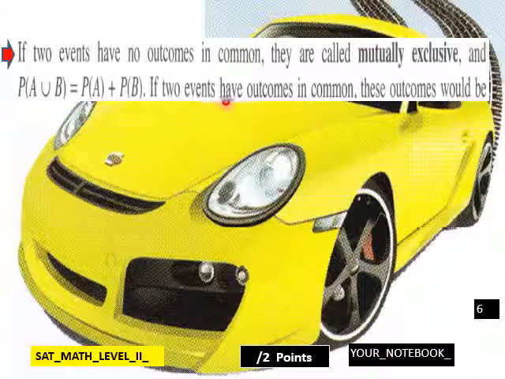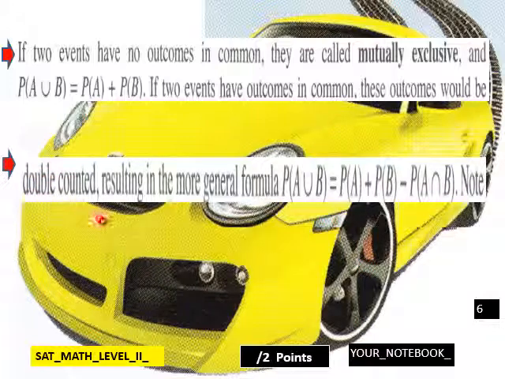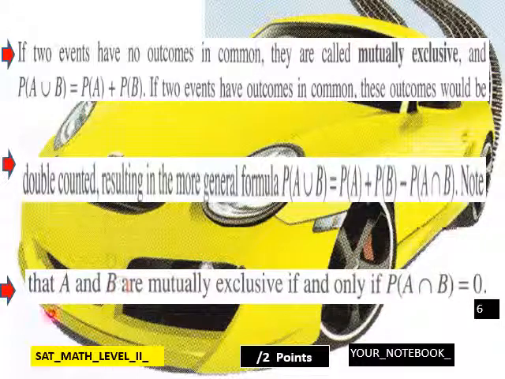If two events have outcomes in common, these outcomes would be double counted, resulting in the more general formula: probability of A disjoint B equals probability of A plus probability of B minus the probability of A joint B. Note that A and B are mutually exclusive if and only if the probability of A joint B equals 0. So think about that one for a while.